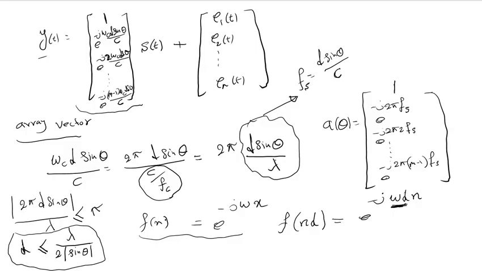And if I want to satisfy this condition for all theta, I should consider the lower bound, which is d lower than lambda over 2. This is another condition that you should consider in a uniform linear array. The space between your sensors must be lower than lambda over 2.